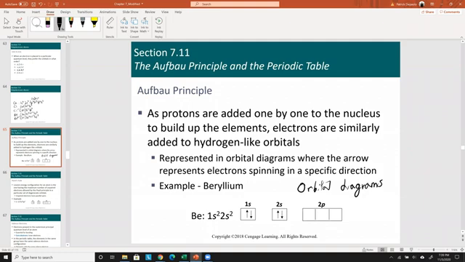So you can write any configuration in terms of orbital diagrams. Why is it important? I'm just writing the arrows. The answer is because you can tell the energetic state of the element and whether it can accept or lose electrons easily. And we'll talk about that.